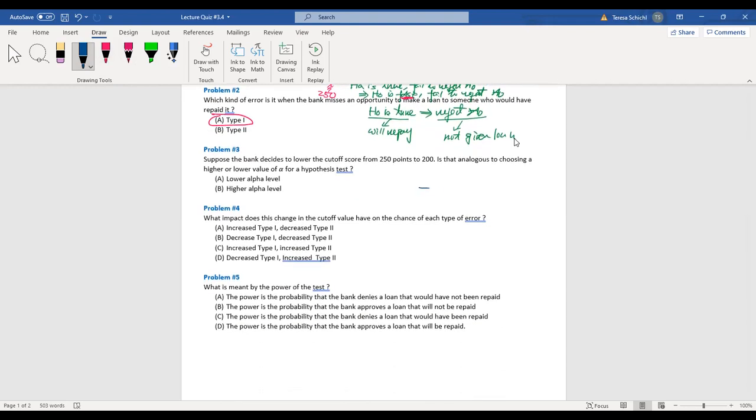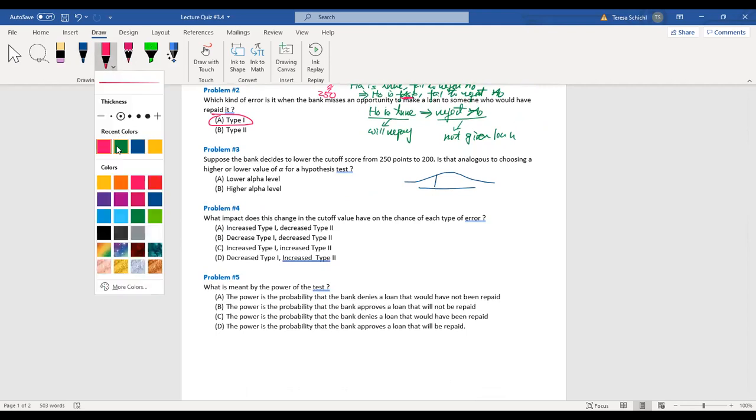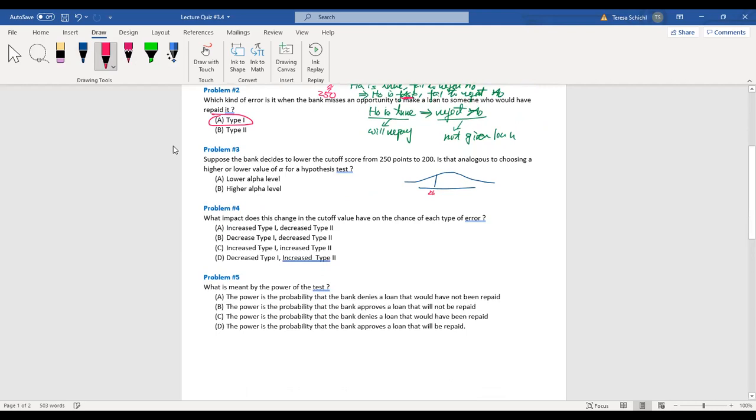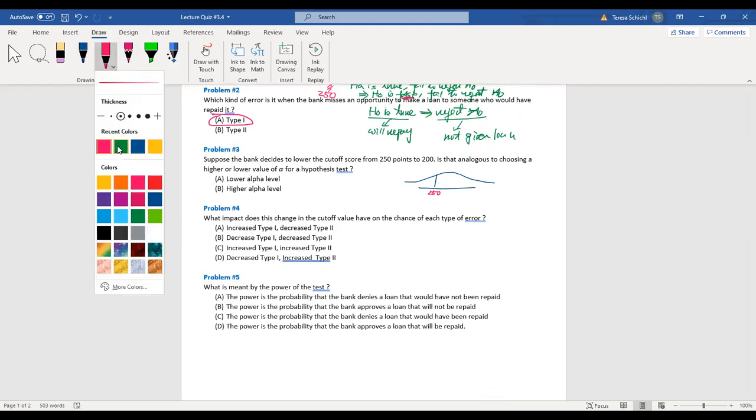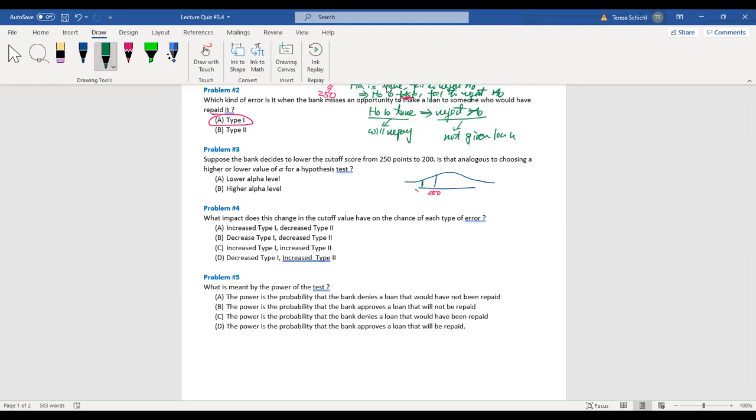So this was our original 250, and I'm going to lower that to 200.